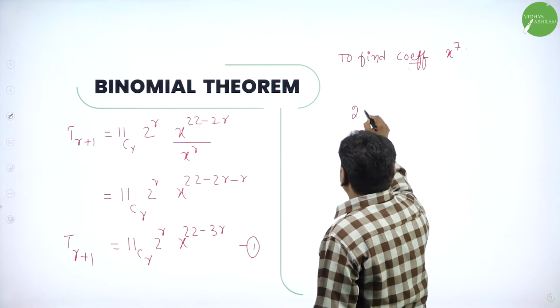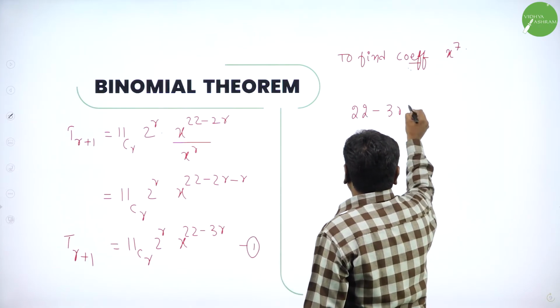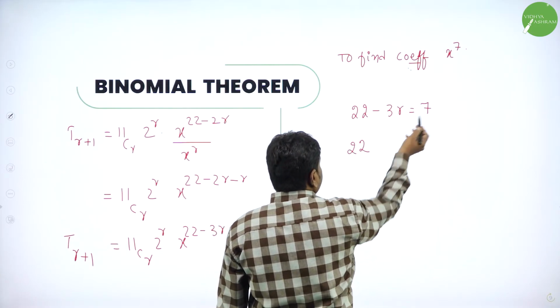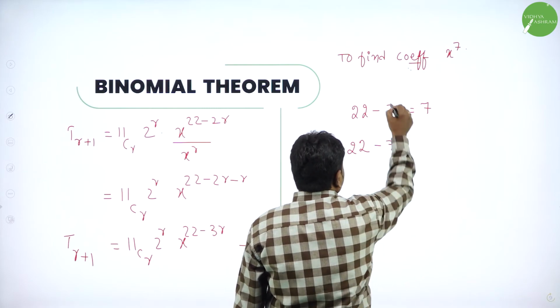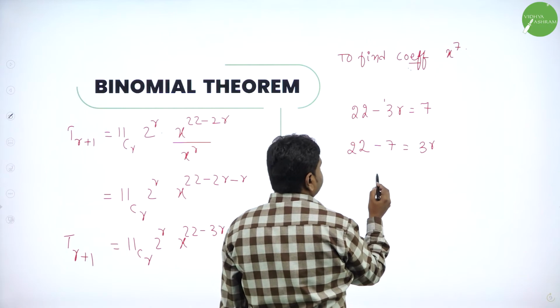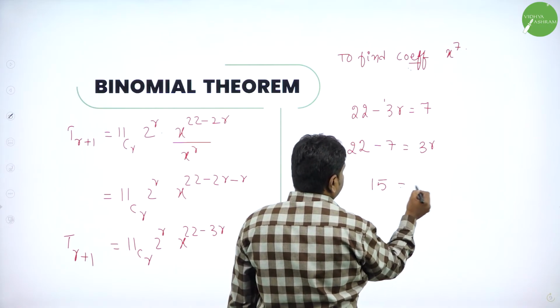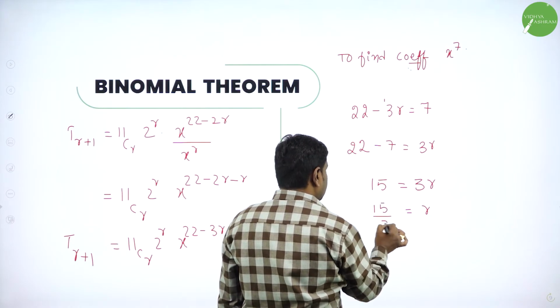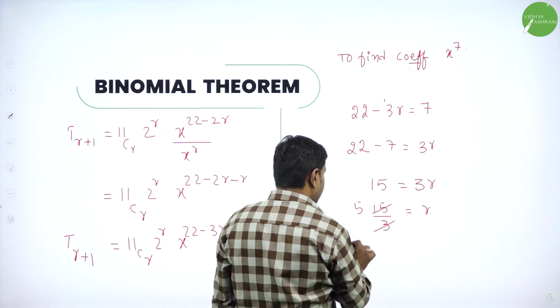So that is 22 minus 3r is 7. Simplify this. Transfer 22. 7 you bring to LHS, it will become minus 7. Transfer 3r to that side, so it will become plus 3r. 22 minus 7 gives you 15 is equal to 3r, and r is what? 15 by 3, 3 fives are 15. You got the value of r.